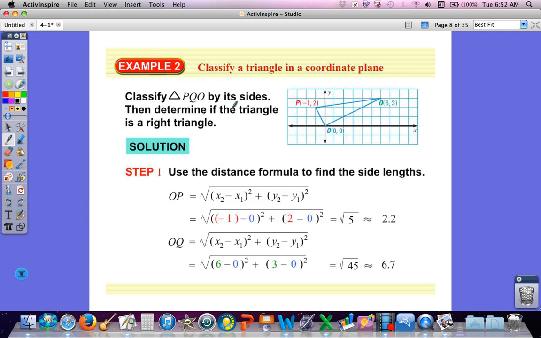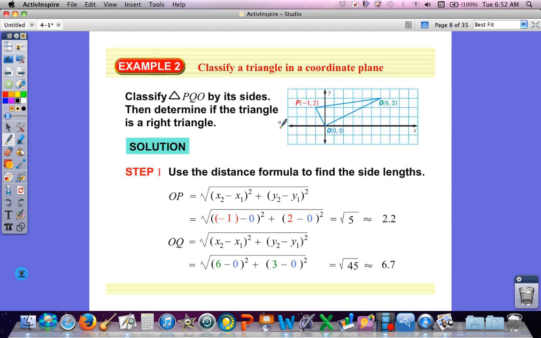Okay, so on this one, classify triangle POQ by sides, then determine if it is a right triangle. You have to use distance formula here to find the distance of these lines. This is what they do here.